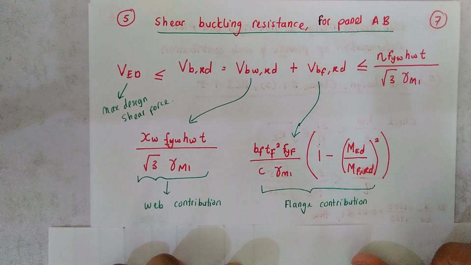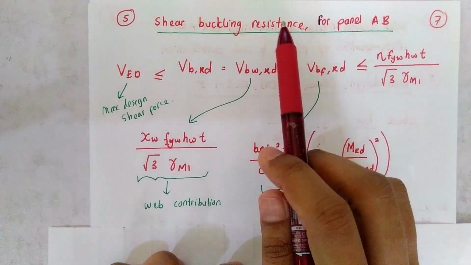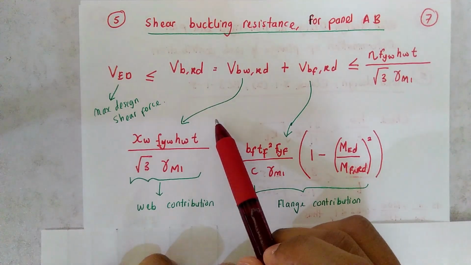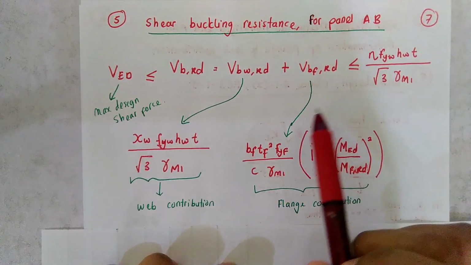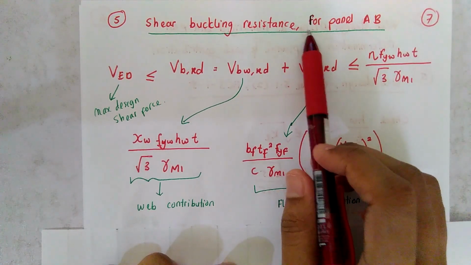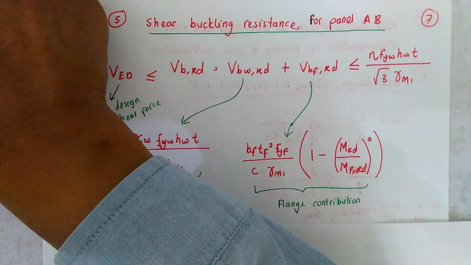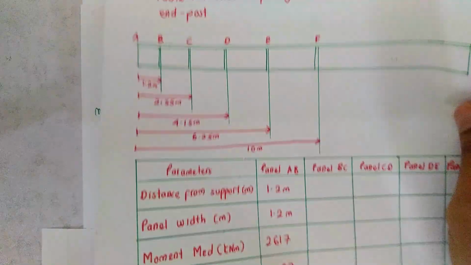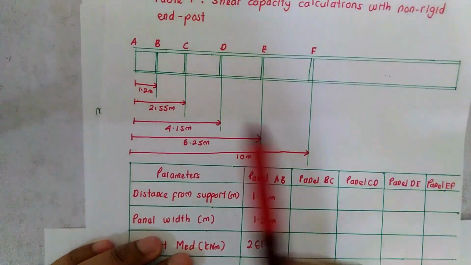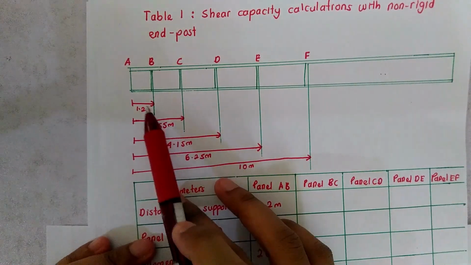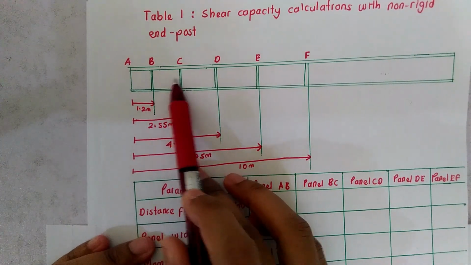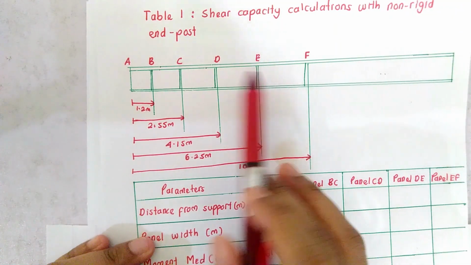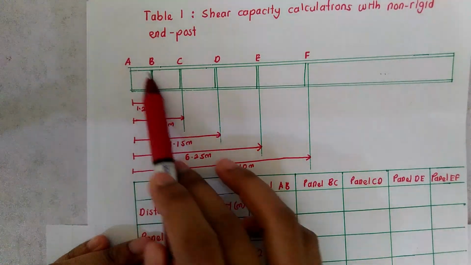Now let's look at the requirement for the shear buckling resistance. Bear in mind that the example I want to show here is for panel AB. As I told you earlier, we need to carry out the shear buckling resistance check for every panel, and now we are doing panel AB.